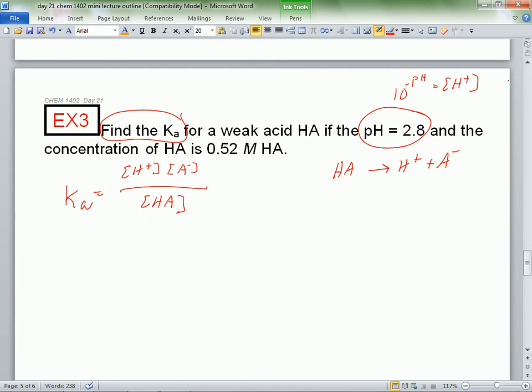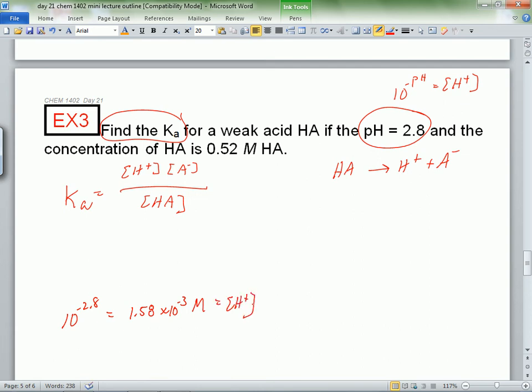Okay. So 10 to the negative 2.8 is 1.58 times 10 to the negative 3. That's my hydrogen ion concentration.